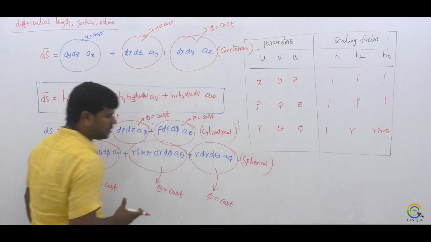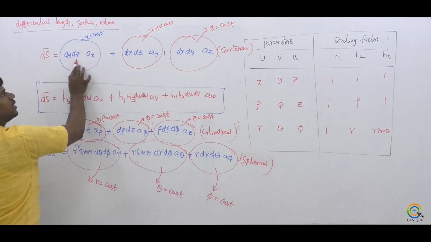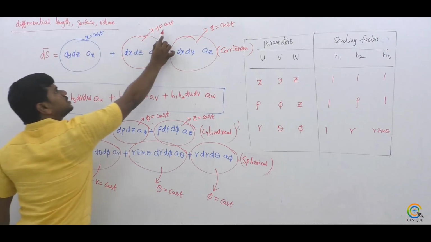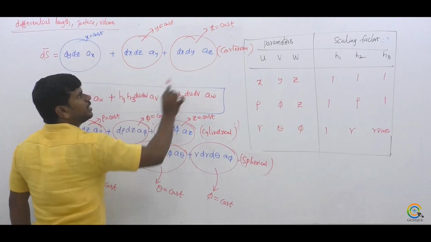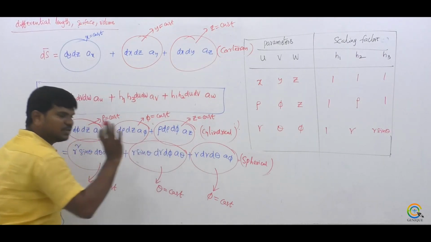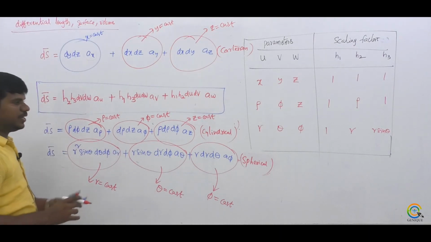Why am I writing this? For x equals constant surface, the surface direction is ax. For y equals constant surface, it is ay. For z equals constant surface, it is az. Similar to this, everything I have written. Okay, this is very, very important.